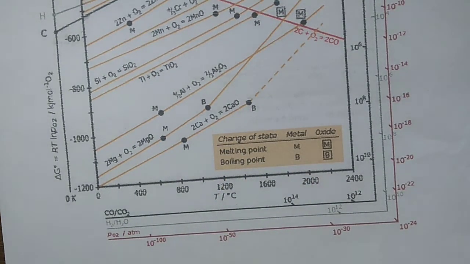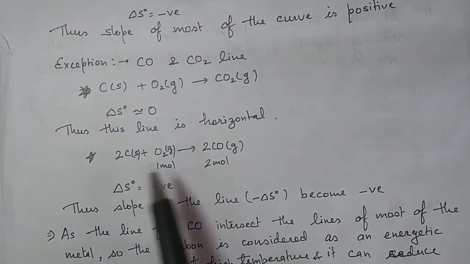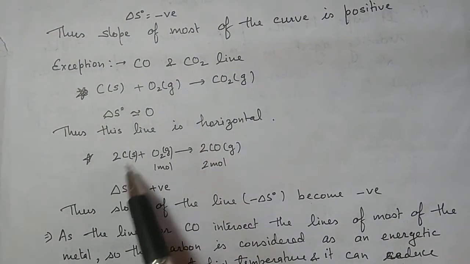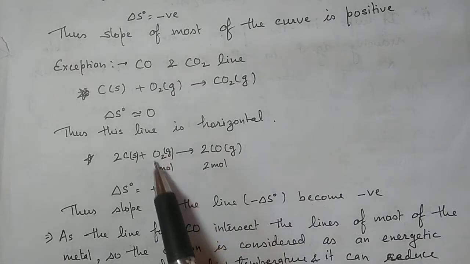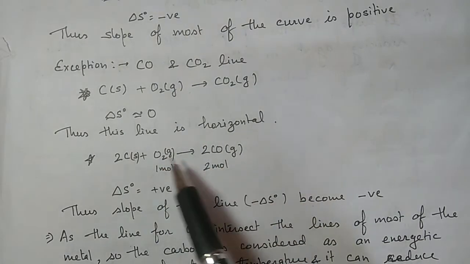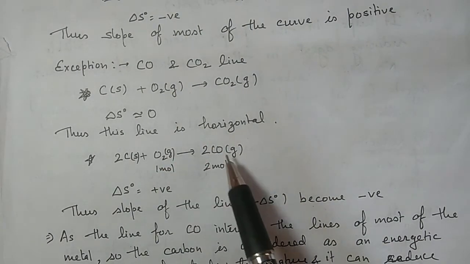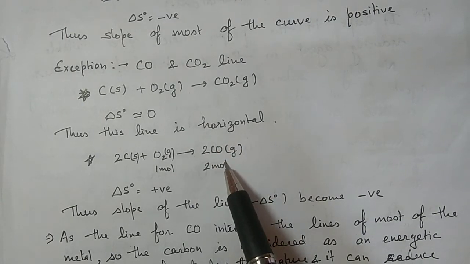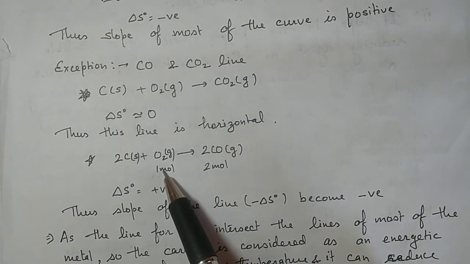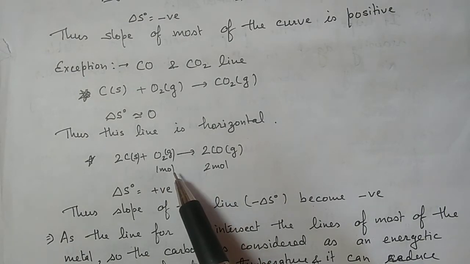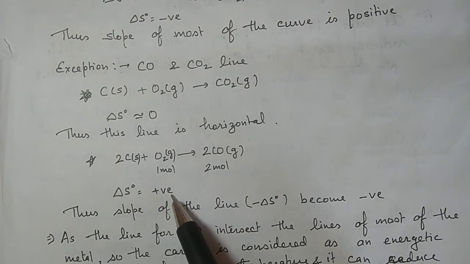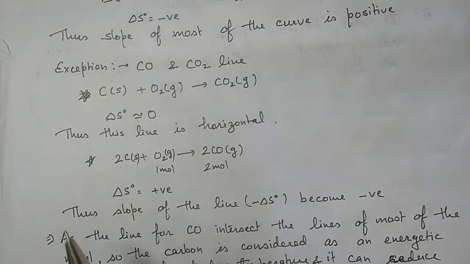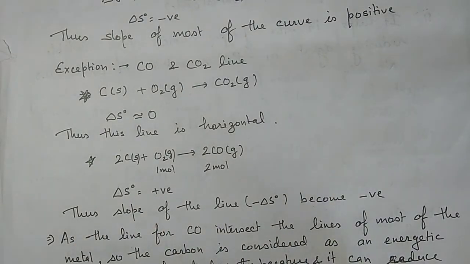And for the formation of CO, carbon plus O2, 1 mole of O2 can form 2 moles of CO. It means the product has higher entropy than the reactant, and ΔS is positive in this case, while this diagram is for negative ΔS slope.